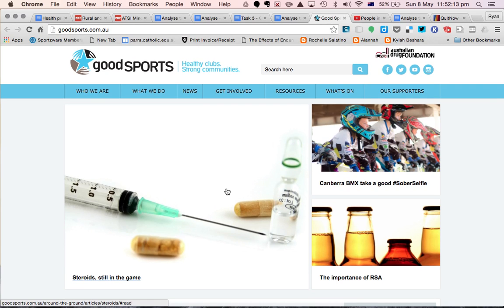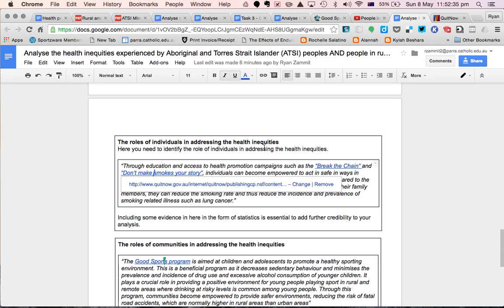The sport environment is a healthy environment that actually promotes a safe drinking culture. And so through this, it empowers sports clubs, which are communities, and the communities actually empower their individuals, which leads to reduced substance use, which then has flow-on effects. So you've got to keep drawing out implications throughout for this as well.